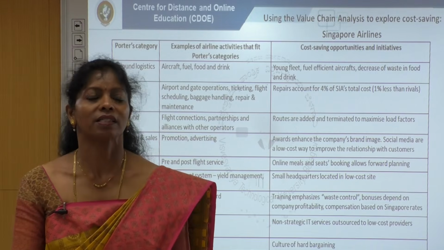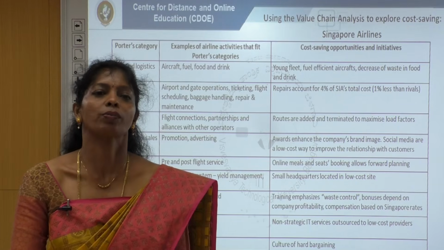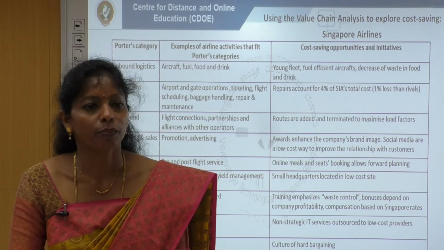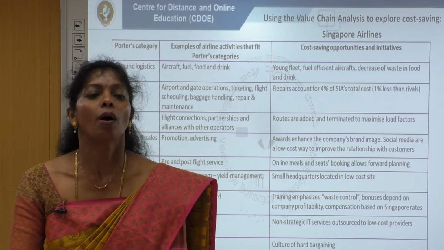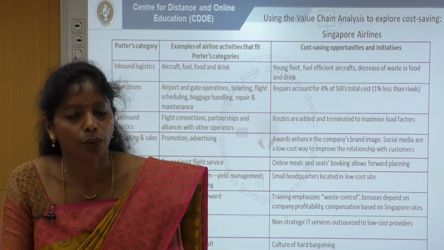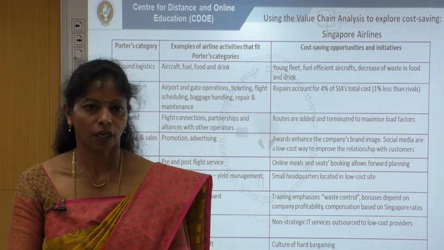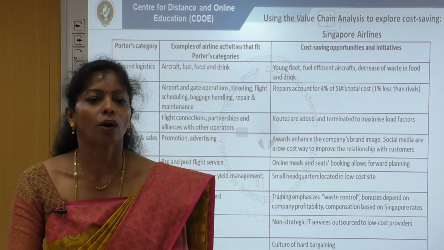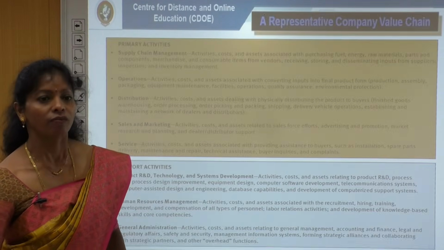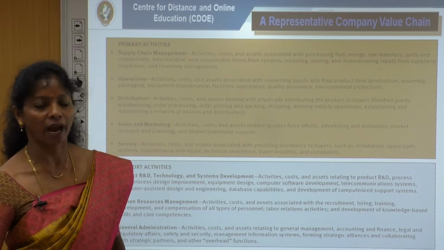Next, there is an example, and again this slide has been taken from external sources, which talks about an example of airline activities that fit into each category, from inbound logistics to outbound logistics, along with the cost saving opportunities and initiatives. In the previous slide, we spoke about the primary and supporting activities.